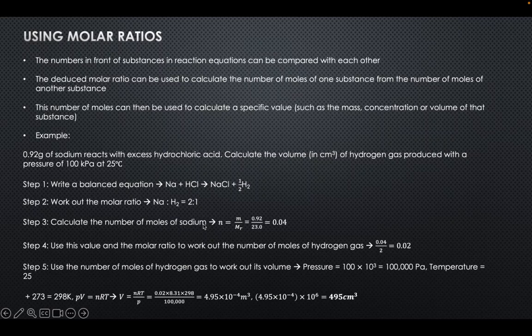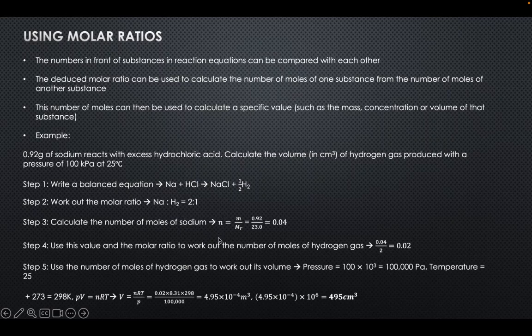Then we calculate the number of moles of sodium. The reason why we don't do it for hydrochloric acid is because we're told it's in excess, which means that any change in the number of moles throughout the reaction of hydrochloric acid would be insignificant. So sodium is our limiting reagent, and that's what's going to affect the yield of hydrogen, and that's why we calculate the number of moles of sodium, not hydrochloric acid.